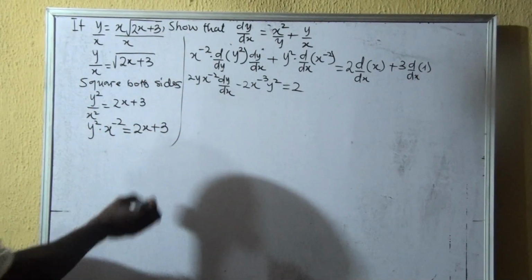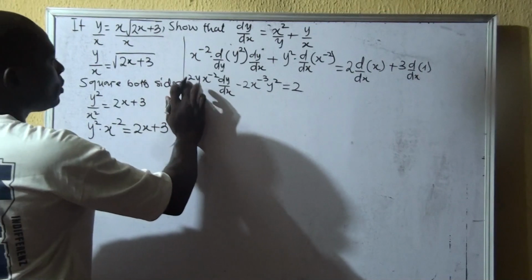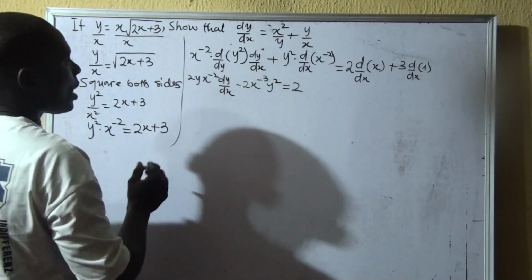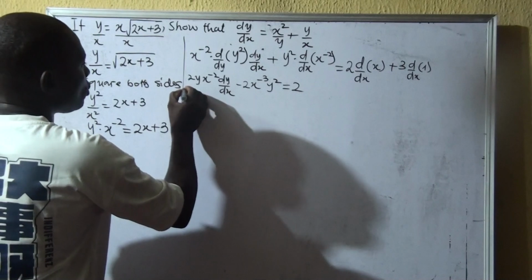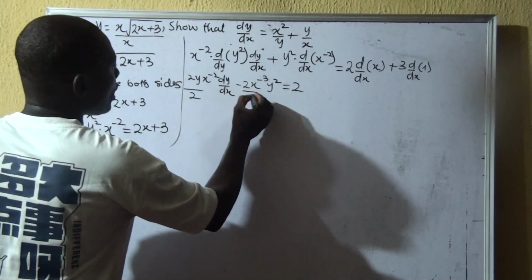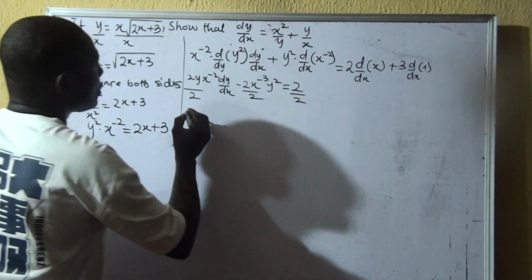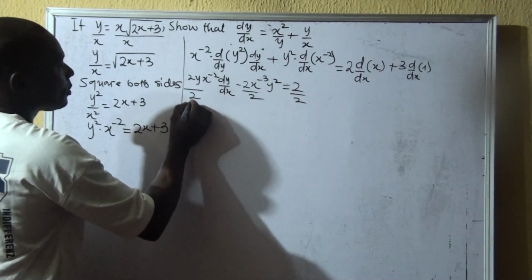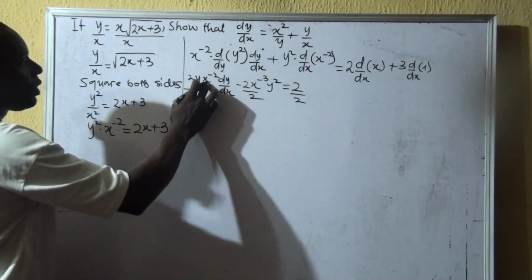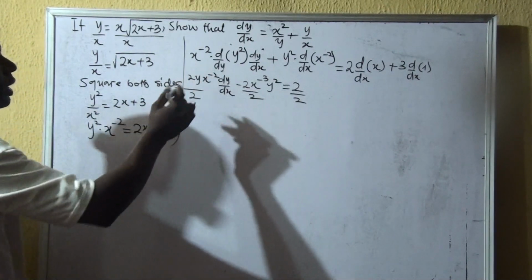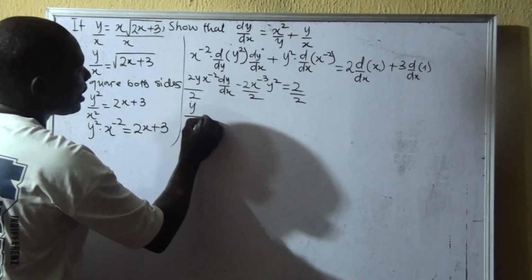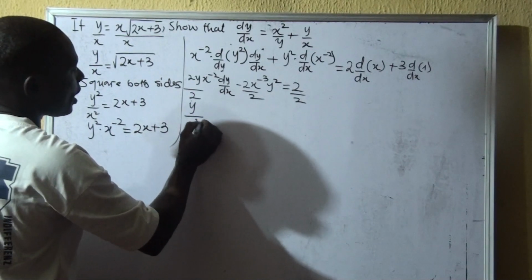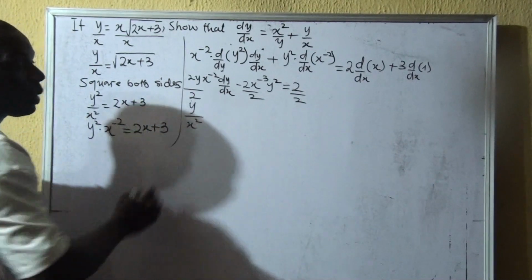So we are seeing something here. We have a 2 as a coefficient, so usually you divide through by 2, so that the whole expression becomes y dy/dx. Now recall that x raised to power minus 2 can also be written as 1 over x raised to power 2.